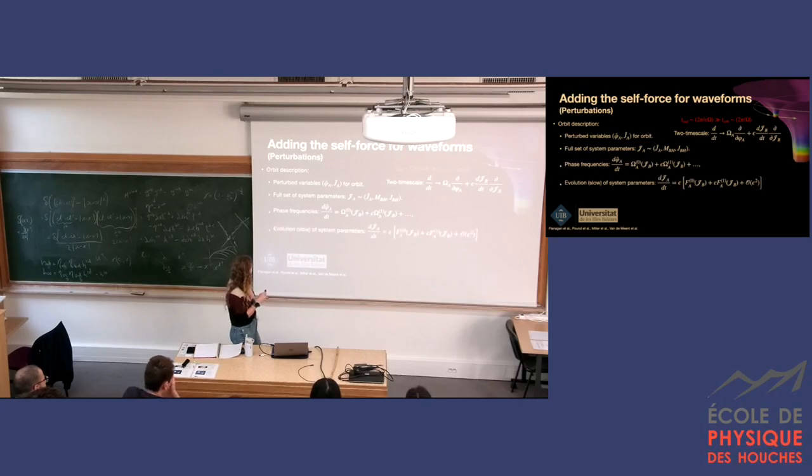And we look at the slow evolution of your system parameters, and this is where the self-force is coming in here. This is the adiabatic, and that has the dissipative piece of the first order self-force. And then you have the post-adiabatic, which has the conservative piece of the first order self-force and has the dissipative piece of the second order self-force.